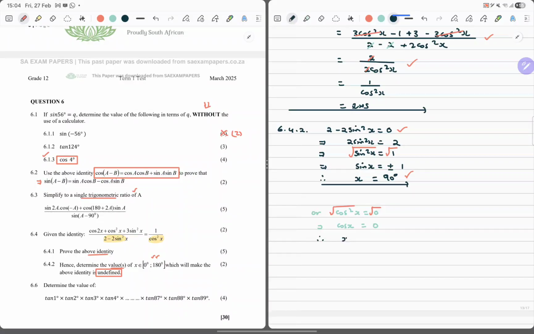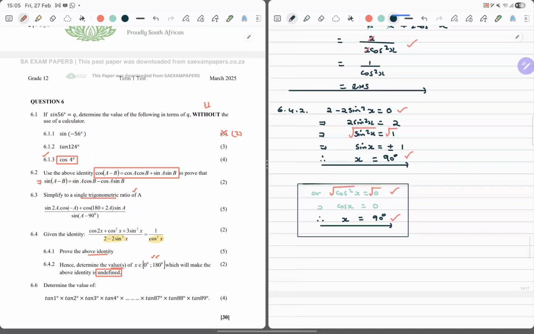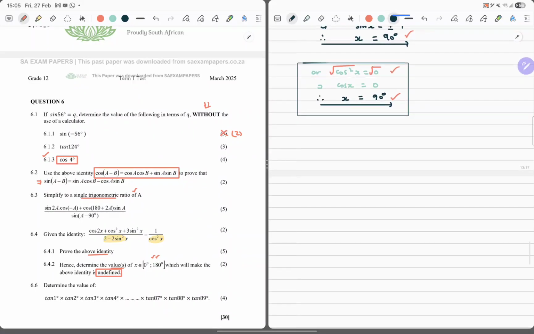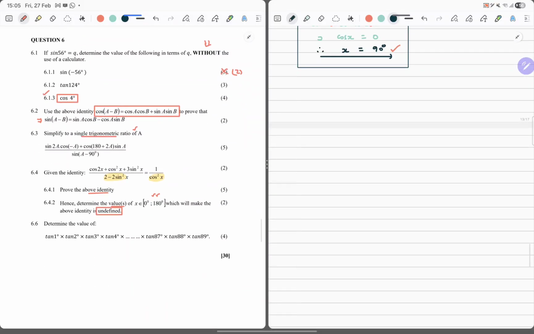So you can say therefore x is going to be the arc cos of 0, which is 90 degrees. Okay, so that's an option. So these are very easy questions to really solve, guys, because it's all about knowing I need to equate the denominator to 0 and get an answer that would satisfy such a condition. So this is a very simple question, nothing really out of the ordinary.